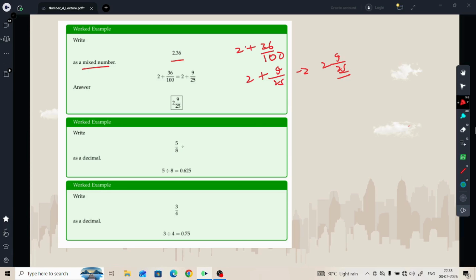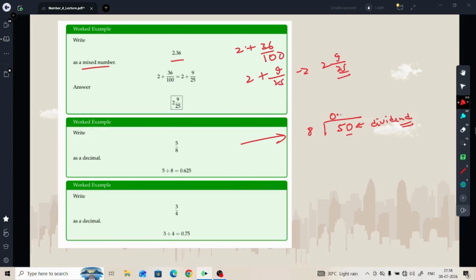Okay, 5 by 8. For this you need to understand the division method. The denominator goes into the divisor, and the 5 goes into the dividend. As you know, 5 can't be easily divided by 8, so we need to put a 0 here, and if we do that, we need to put a decimal point at the top.